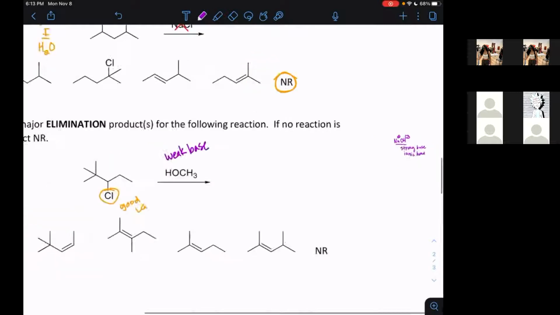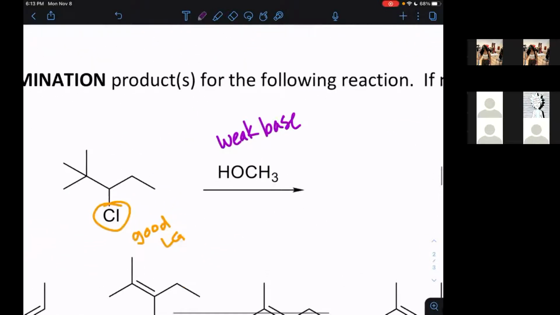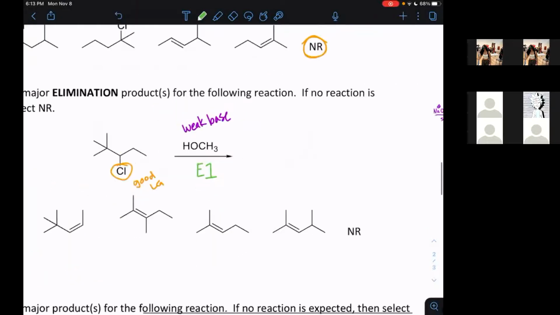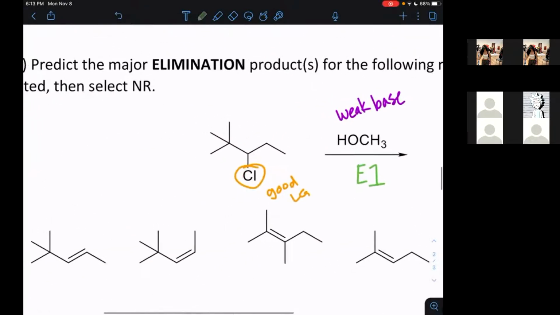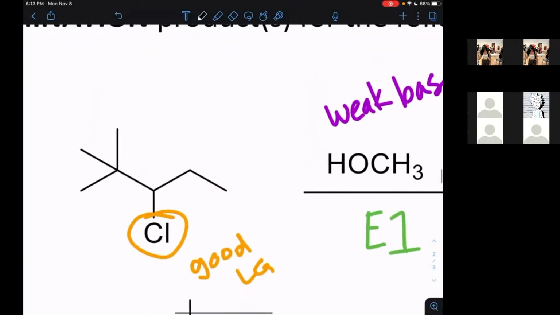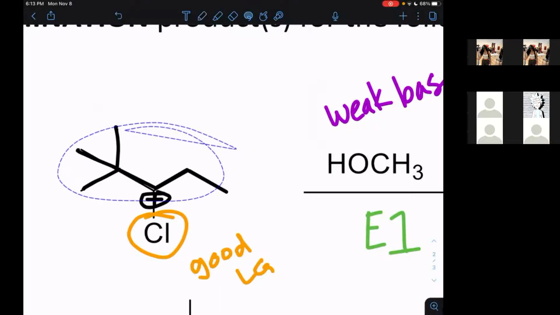Okay, so since it's a weak base, that means it'll do E1. So that means it'll become a carbocation first. So we'll draw that. Okay.